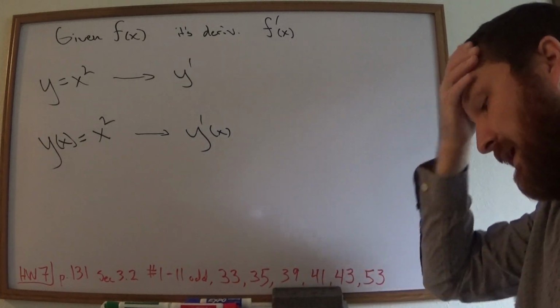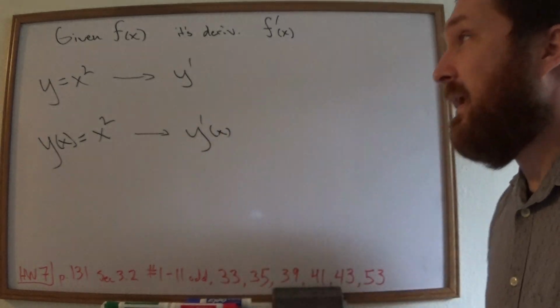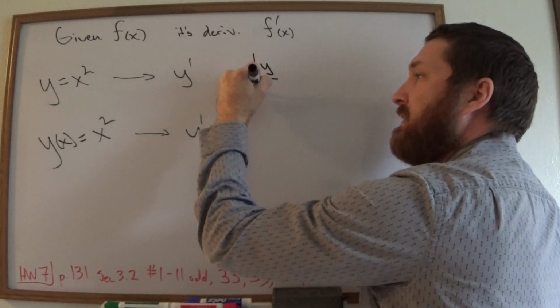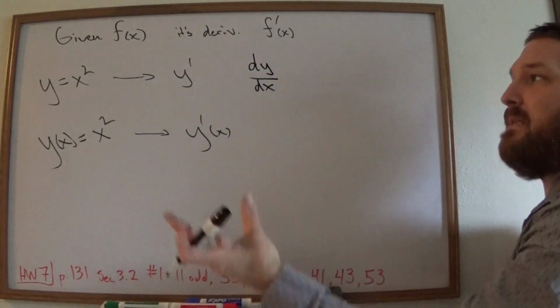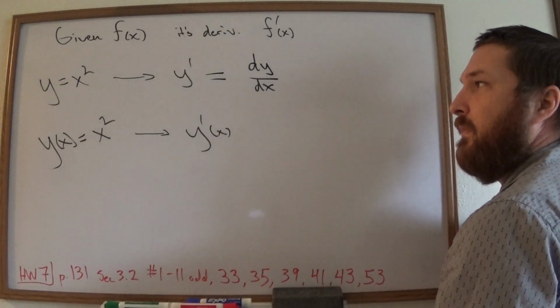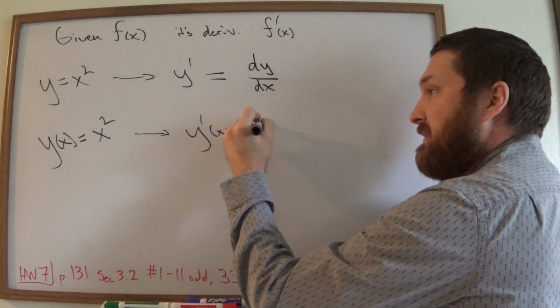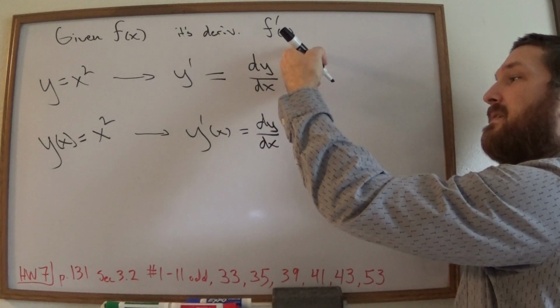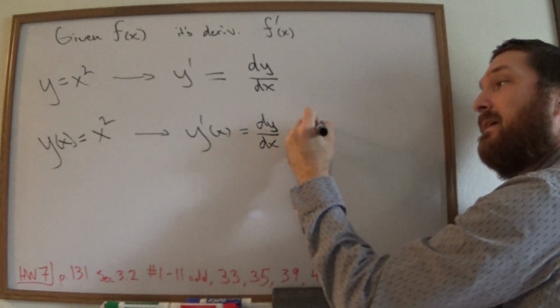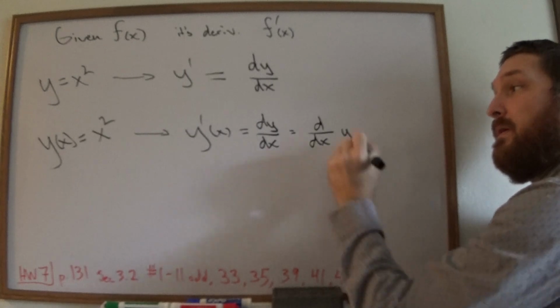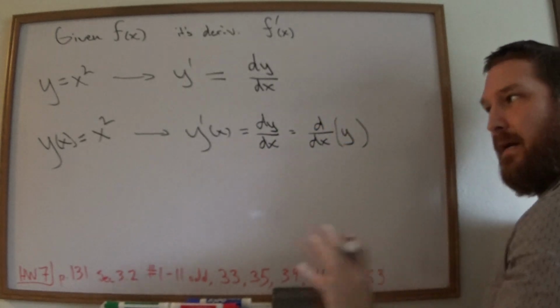Now this is also the exact same thing as saying dy dx. These two things mean the same thing. This means the exact same thing as dy dx. Or you might even see it like this, d dx y, or d dx of y, something like that.